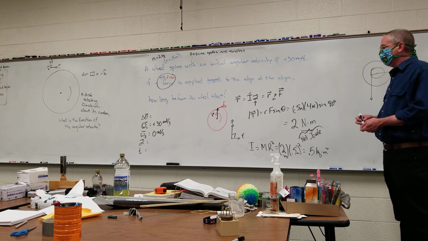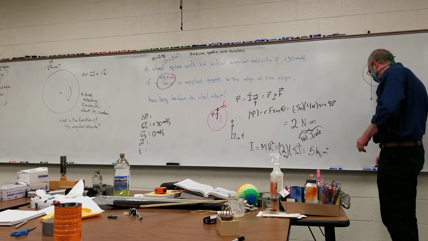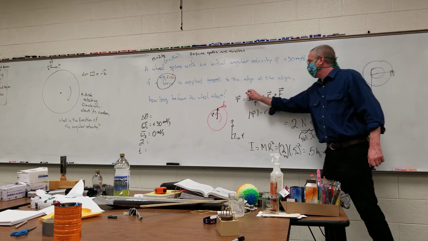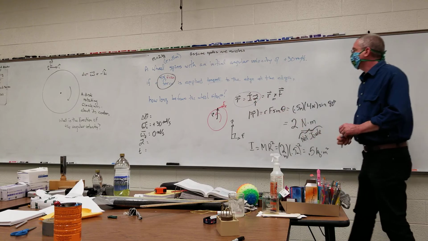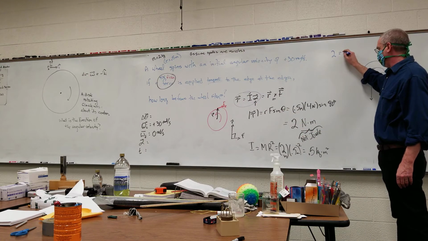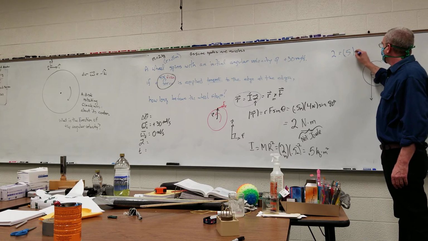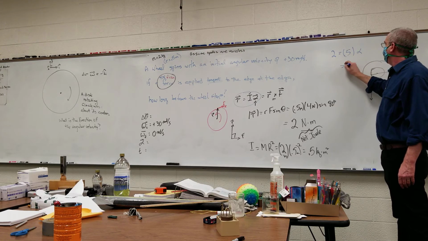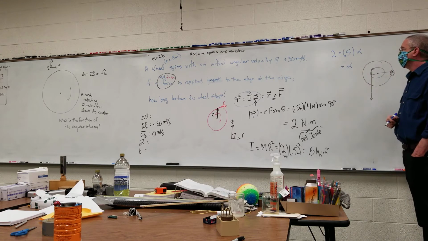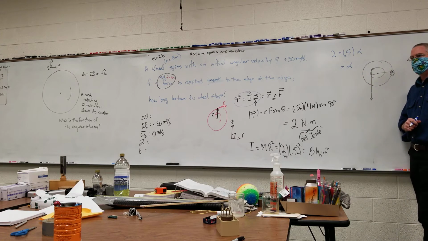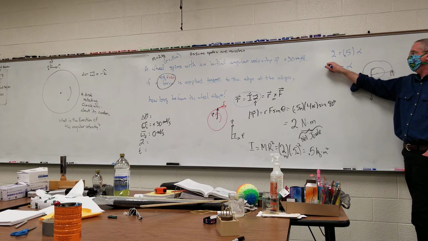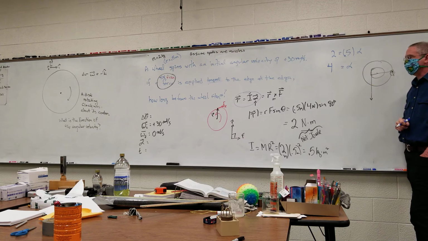So we now can find the angular acceleration using the formula that was spoken of earlier. So I have 2 is equal to 0.5 times alpha. Doing the fancy math, alpha is equal to 4 mathematically.